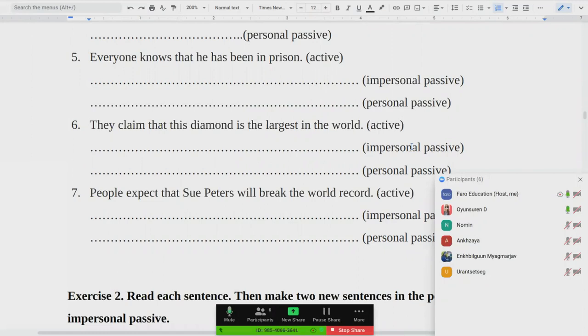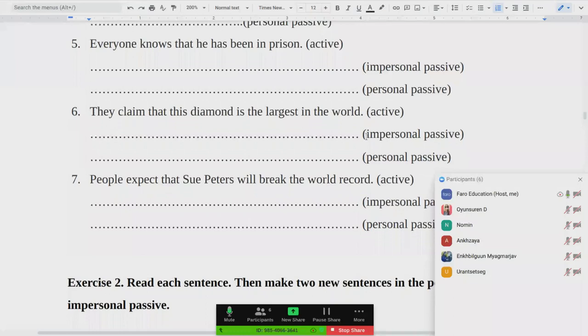He is known to have been in prison. To have been in prison. "To has" гэж орчихгүй. Түүгийн араас шууд infinitive үйл өгдөг.